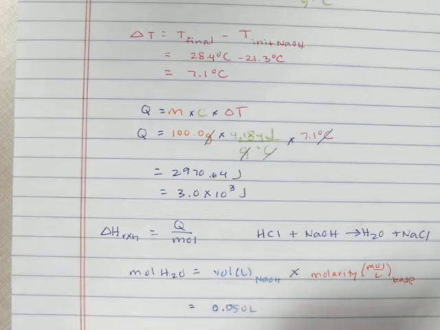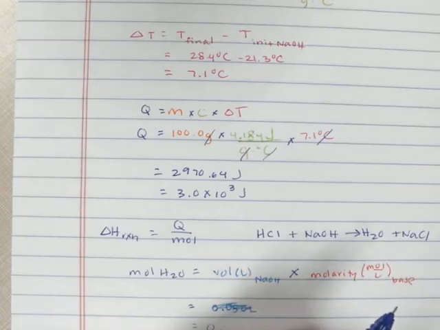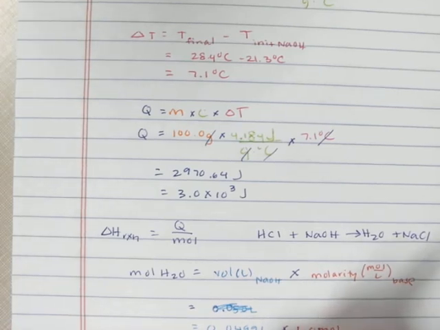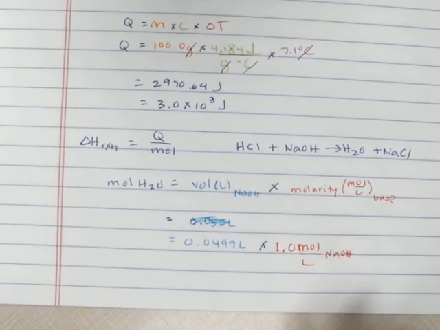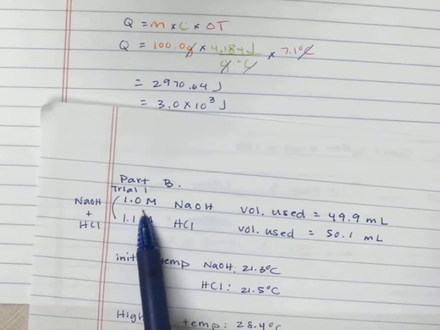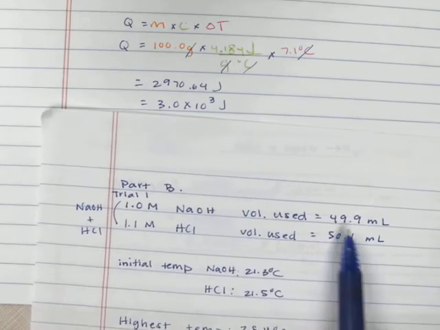0.050 liters. I guess it would be 0.0499 liters times 1.0 molar or moles per liter of NaOH. Alright, so 0.0499 times 1 mole of NaOH. Again, that comes from here. You had 1 molar NaOH and you used 49.9 mL.